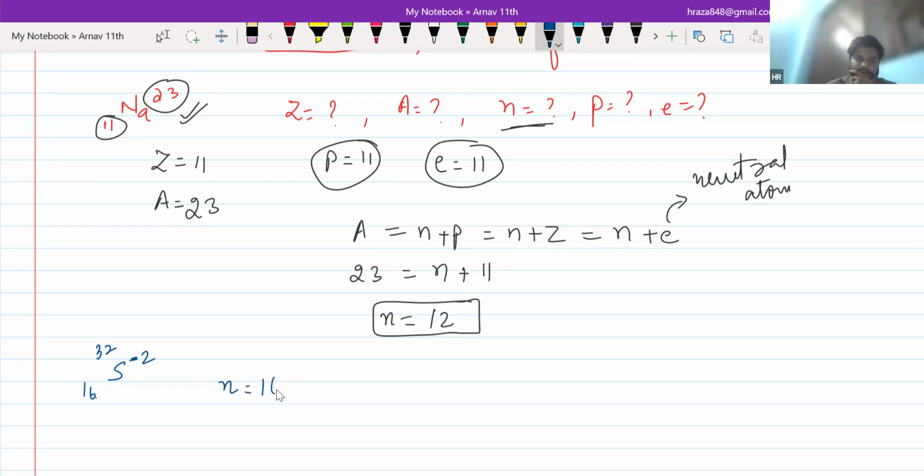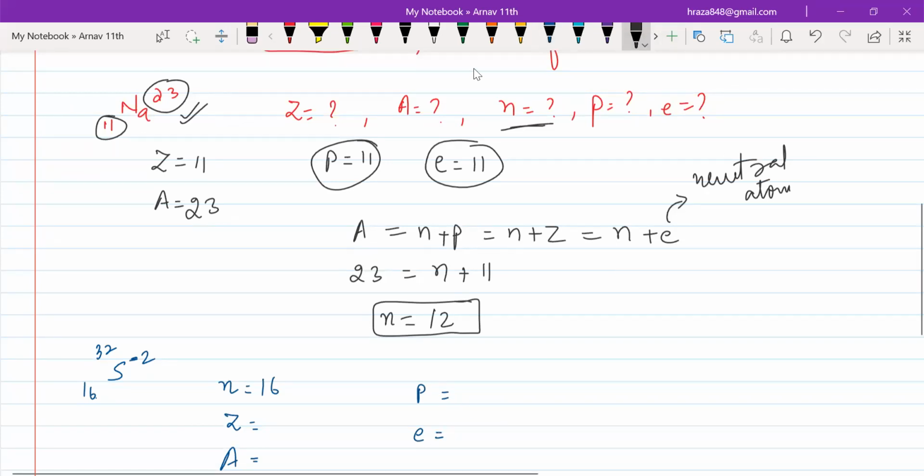N is 16. Z is, A is, P is, E is. Yes, sir, fine. Sir, P and E are 16. E is also 16. Yes, sir. What about Z? So Z will be 16. What about A? So A will be 32.